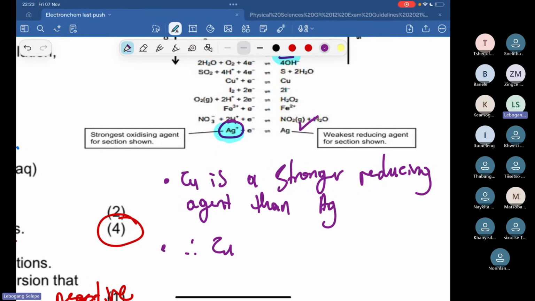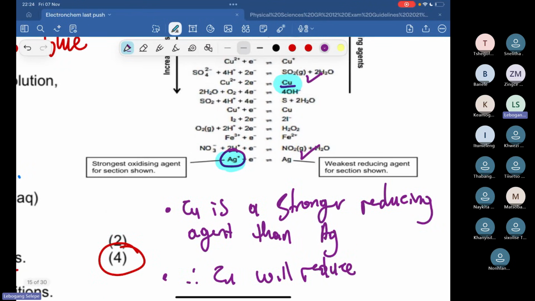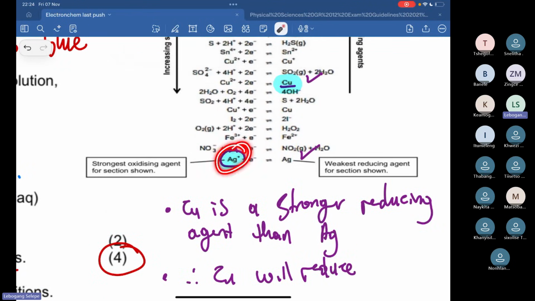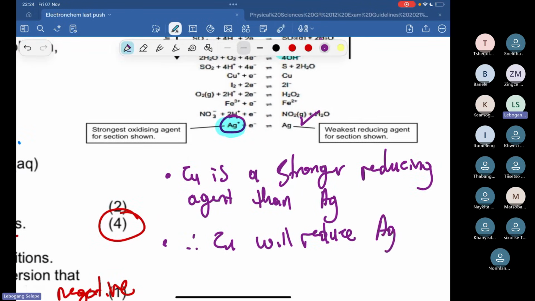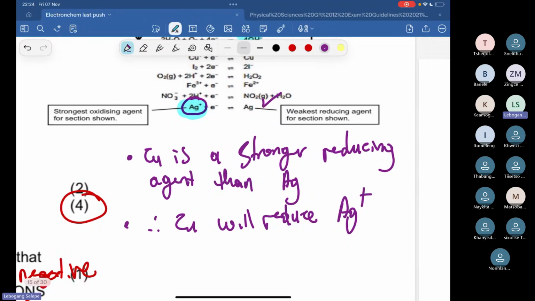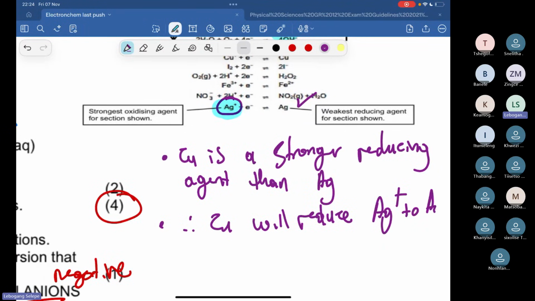Therefore, Cu will reduce. Again, what will Cu reduce? It will reduce Ag plus because it will donate its electrons to Ag plus. Cu will reduce Ag plus to Ag. You are done. You get your 3 marks.